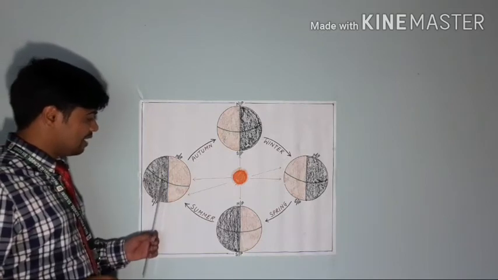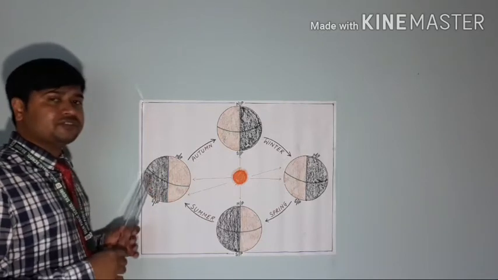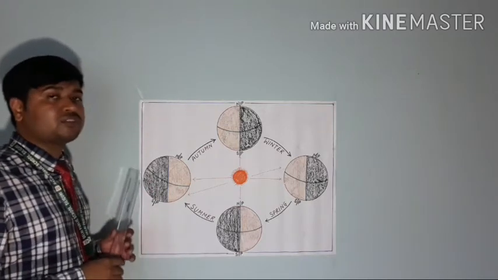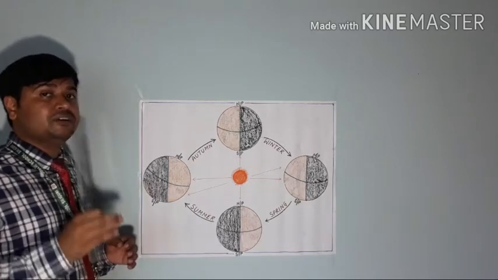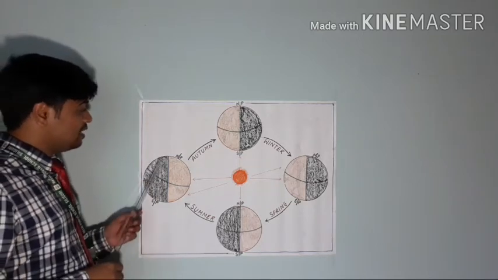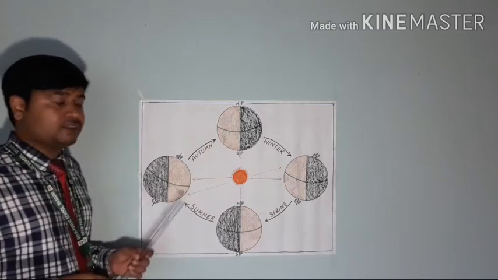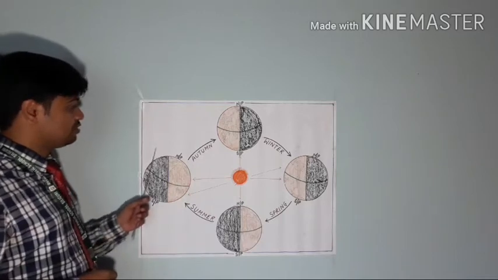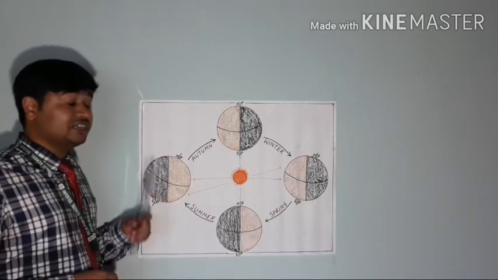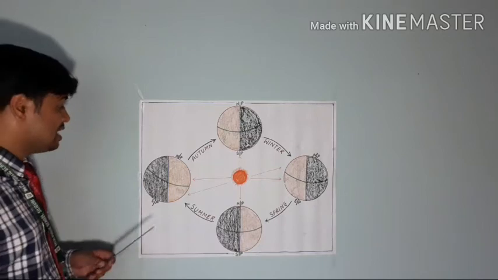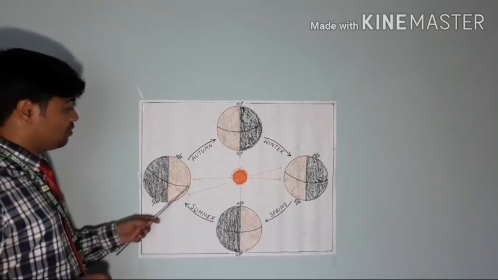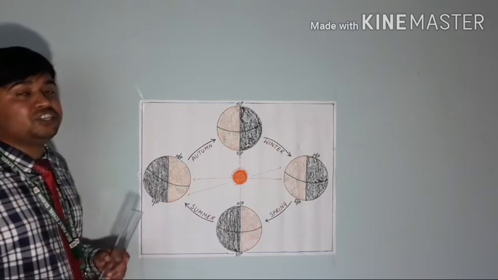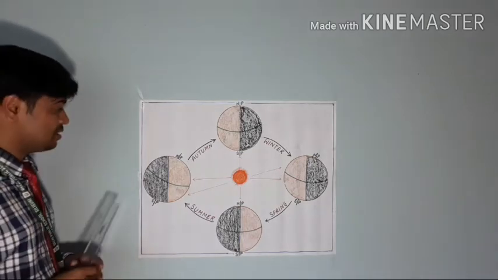And during this time, southern hemisphere is getting tilted sun rays, and the maximum part of southern hemisphere is away from the vertical sun rays, and that's why during the month of June and July we have summer in northern hemisphere, and north pole has continuous day for 6 months, and in southern hemisphere we have winter, and south pole experiences continuous night for 6 months.